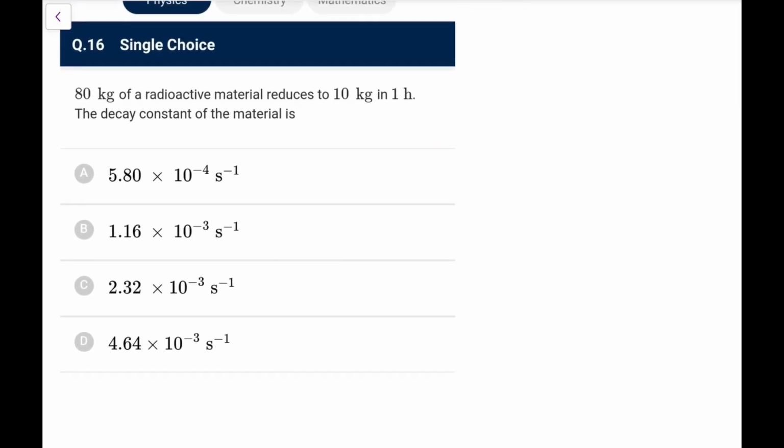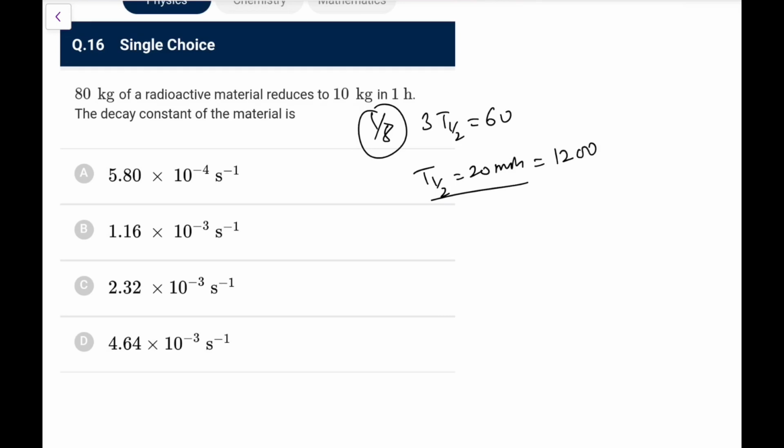80 kg of a radioactive material reduces to 8 kg. 80 to 8, that means 1 by 8, that means this is 3 t half. So 3 t half is 60 minutes. So t half is equal to 20 minutes, or you can say it is 20 into 60, 1200 seconds. So lambda is ln2 by t half, or you can say it is 0.693 upon 1200.